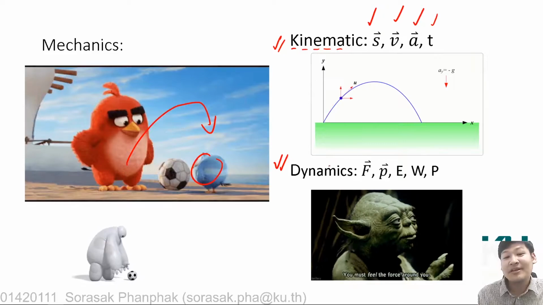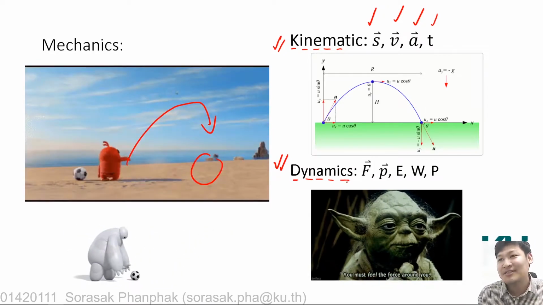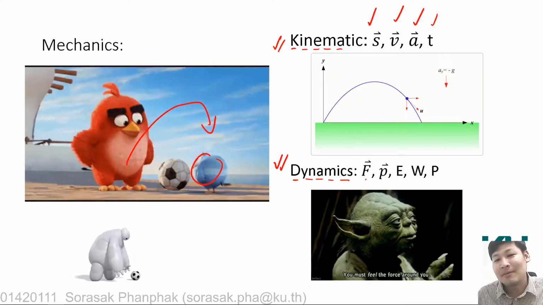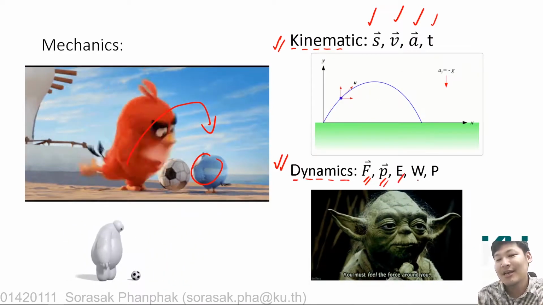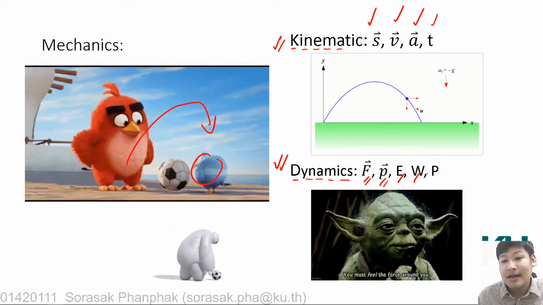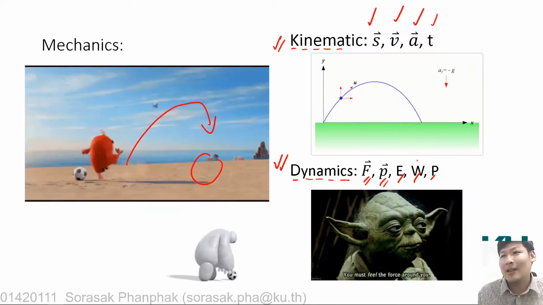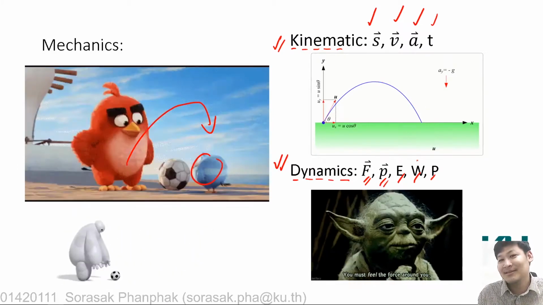We can use what is called dynamics. Dynamics is the force, the influence on this motion. So it combines the force, momentum, energy, work, and also power. Not only this, but also a lot of things that can happen and influence the motion.